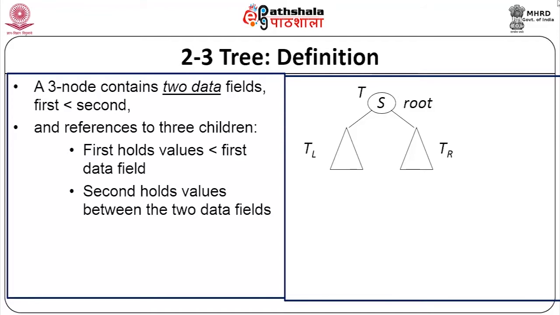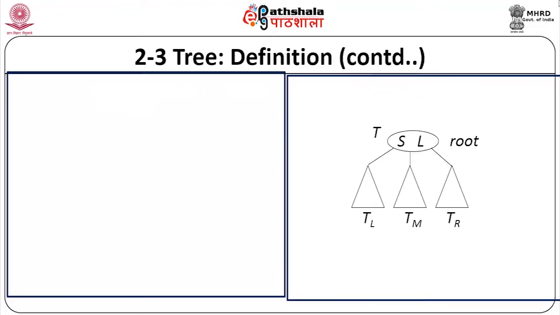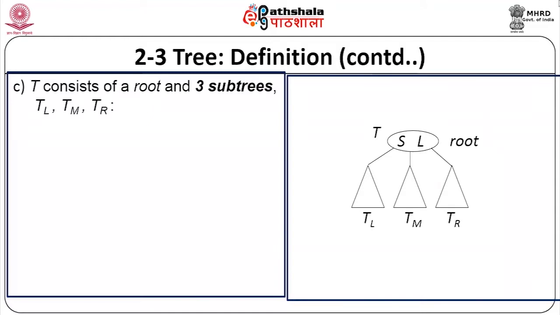The second holds values between the first and the second data field, and the third holds values greater than the second data field. If you look at this, this is what we are trying to say. T contains a root and 3 subtrees: TL, TM and TR, meaning lower value, middle value and right value, or left, middle and right.